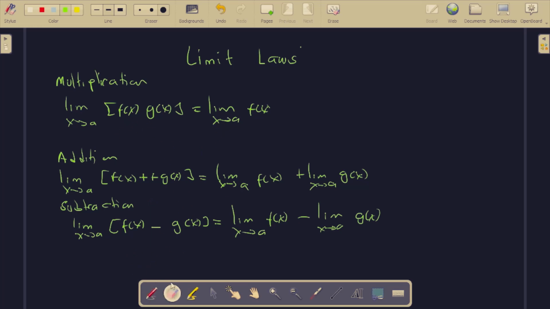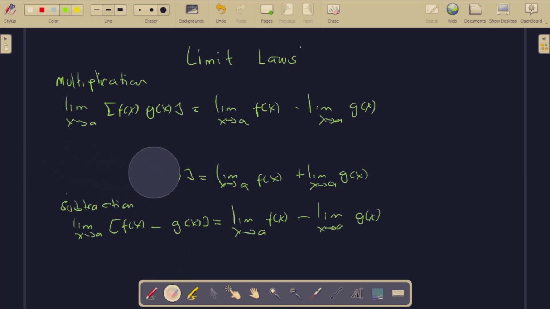So that's how easy it is to remember these laws. Whenever you have a sum, you have a sum, a product, and of course we must have the limit as x goes to a of f of x multiplied by the limit as x goes to a of the function g of x.